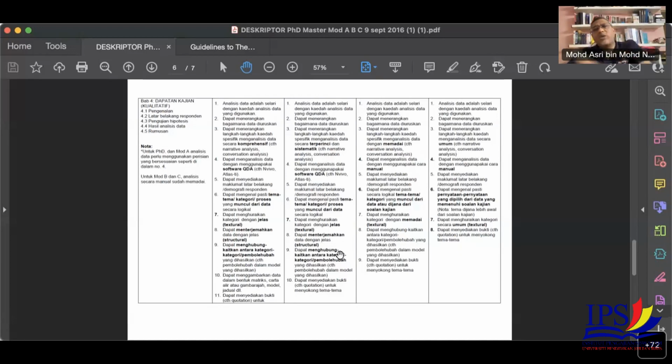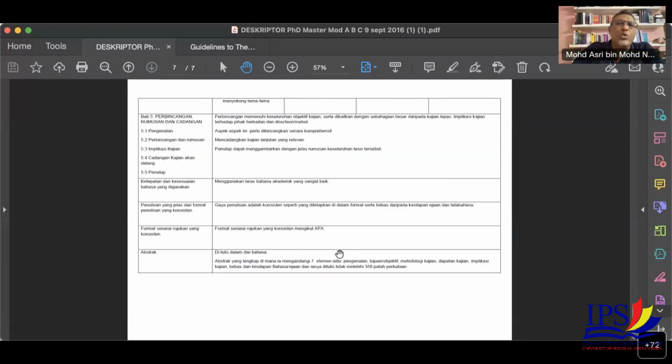Okay. Then you go to chapter 5, where you have a discussion. This is where you discuss what you have found in chapter 4. So again, the discussion must follow the presentation that you made in chapter 4, the flow of the findings that you reported.